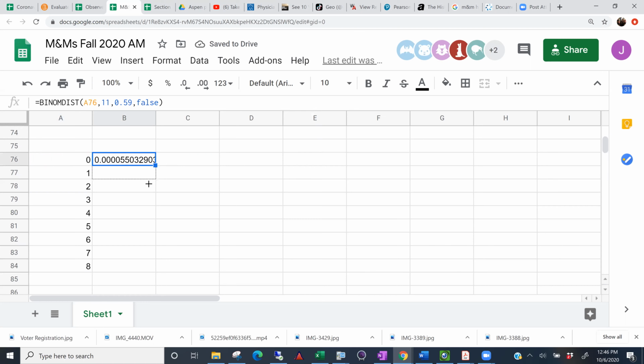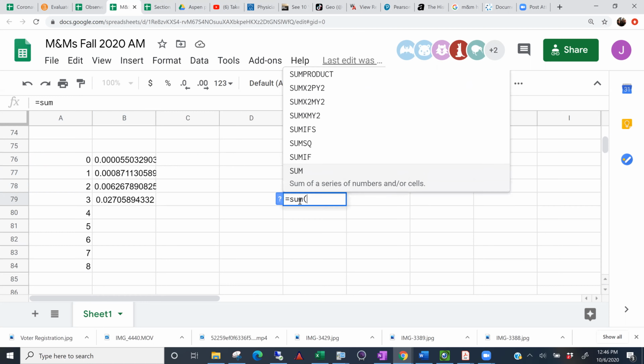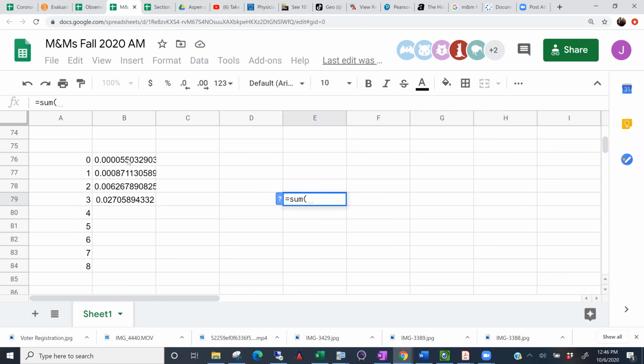And then I'll drag this down. I really only need to drag it down to here because I want to add up the probability that X equals 0, 1, 2, or 3. So I can just type in equals sum of these probabilities. And there you go, 0.03425, and a lot of you were getting that, that's great.